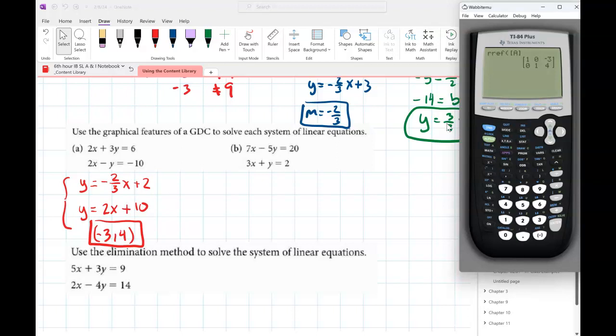Practice on the next one. Use your calculator. Do the matrix thing on part B. Real quick, if you're good, it just takes a minute just to jog our memories on how to do this.